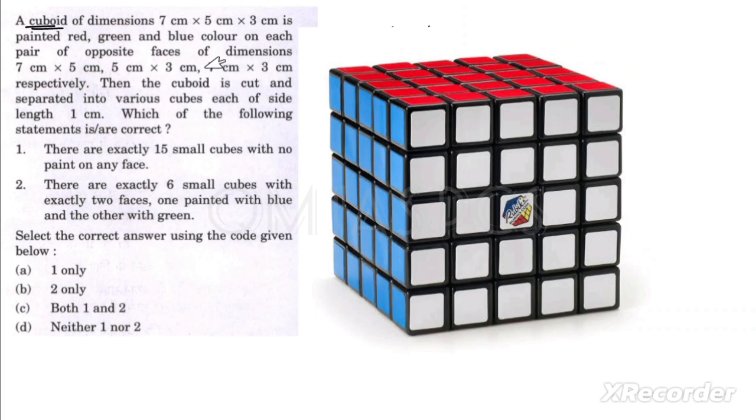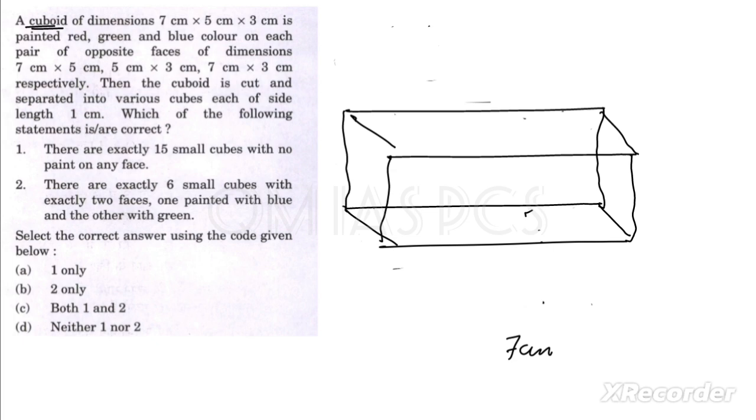Let me draw that, it will be more clear. So this is your cuboid, this is your 7 centimeter. Then you can consider this is 5 and this is 3, or whatever, that's no problem. Fine.